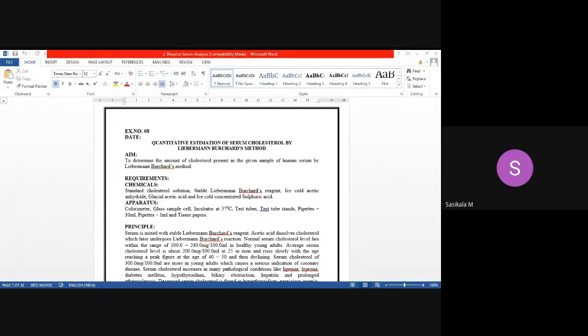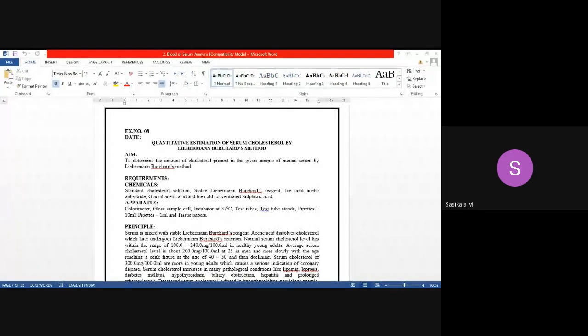Yeah, plasma contains protein, so it will be deproteinated. So what is the difference between serum and plasma? We need to add anti-clotting agents, right?